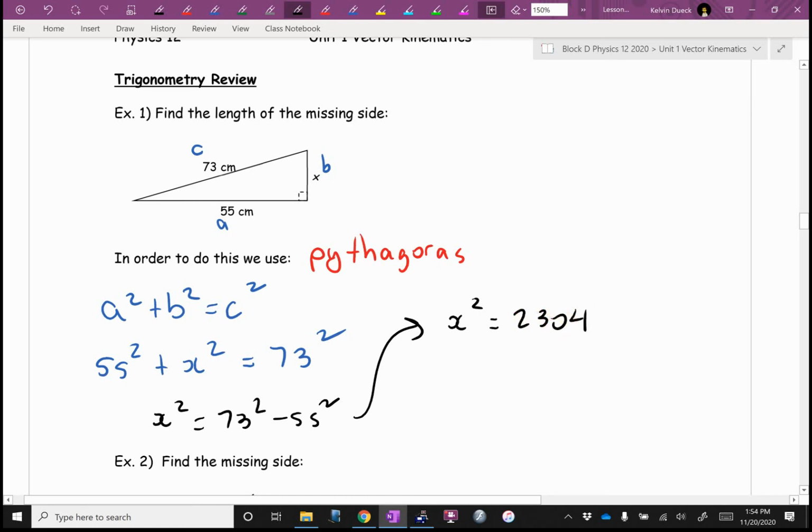I'm not done. That's x squared. So, next step. Square root. This might work out evenly. What'd you get? 48, even. Units, centimeters.